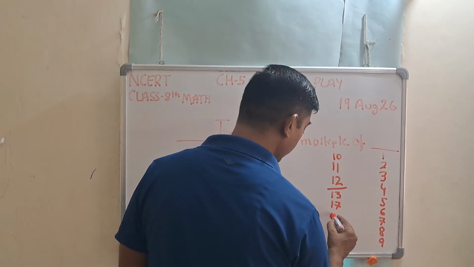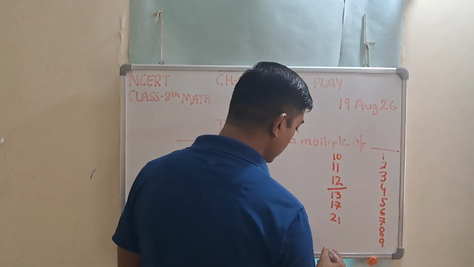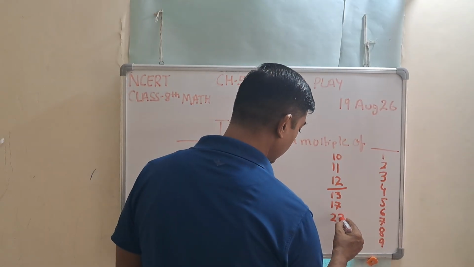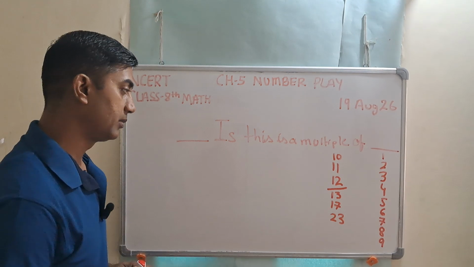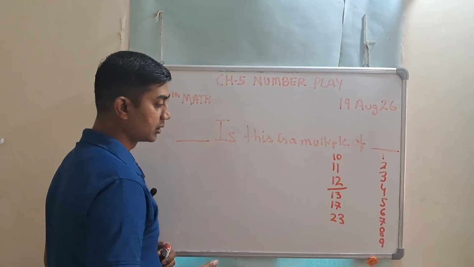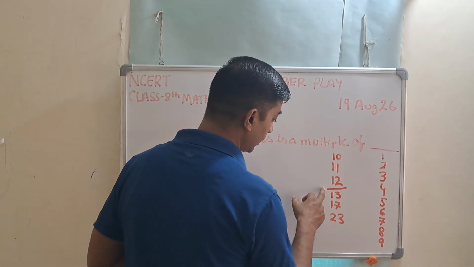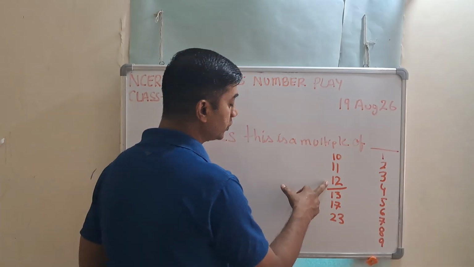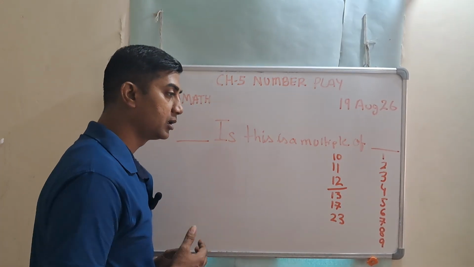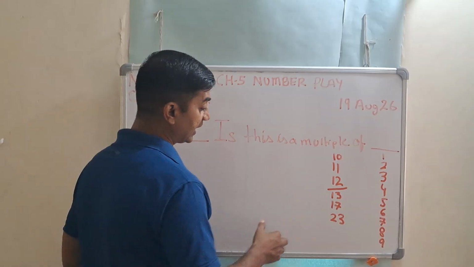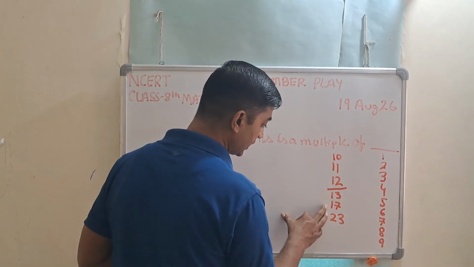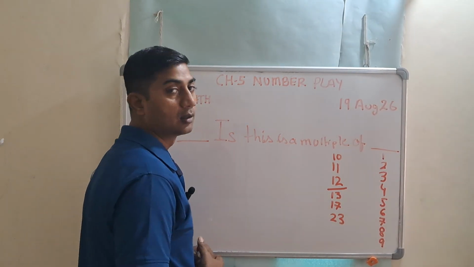Other than these numbers, there are a few numbers like 13, 17, 21, 23. So what are these numbers? Actually these numbers are prime numbers. So once you are certain that up to 12 the number is not divisible by any particular number, then you have to guess that the number is a multiple of maybe a prime number.